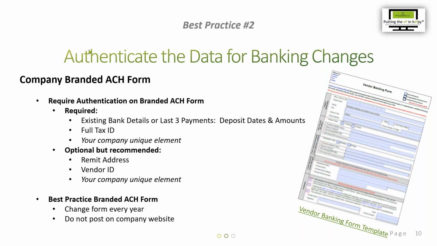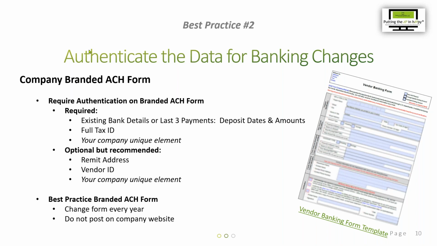And this can actually help you out too, because it'll help make sure your vendor team is updating the right vendor record. And then if you have any unique element that your company uses, that your vendor knows, then you can add that as well.